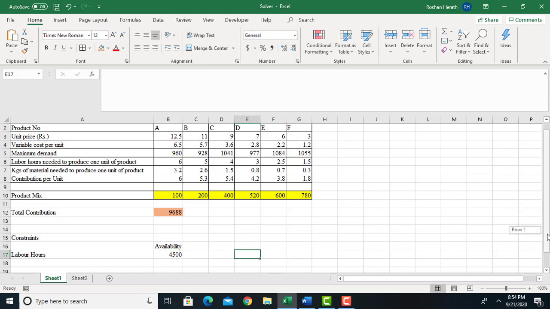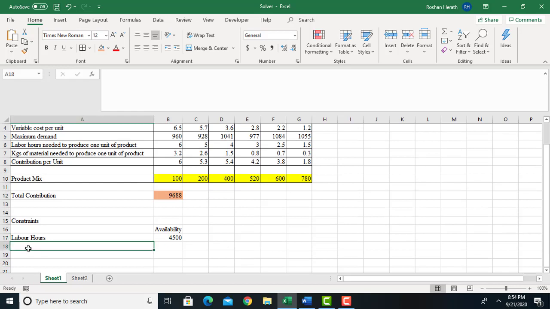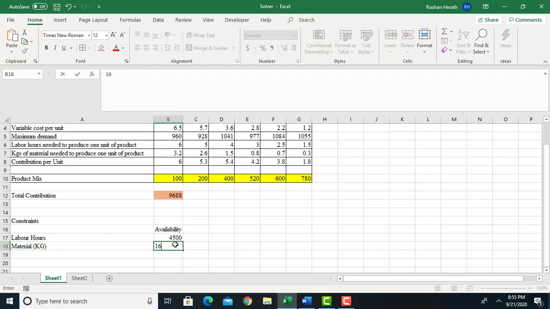And also the material availability is also given. Material availability, material in kilograms, 1,600 material is available.